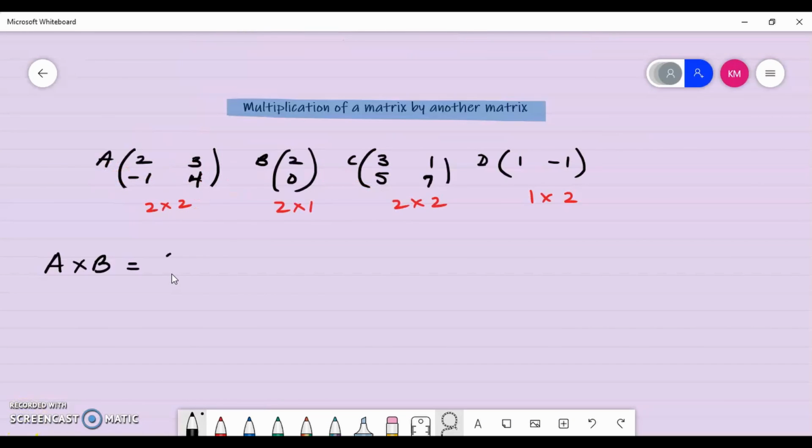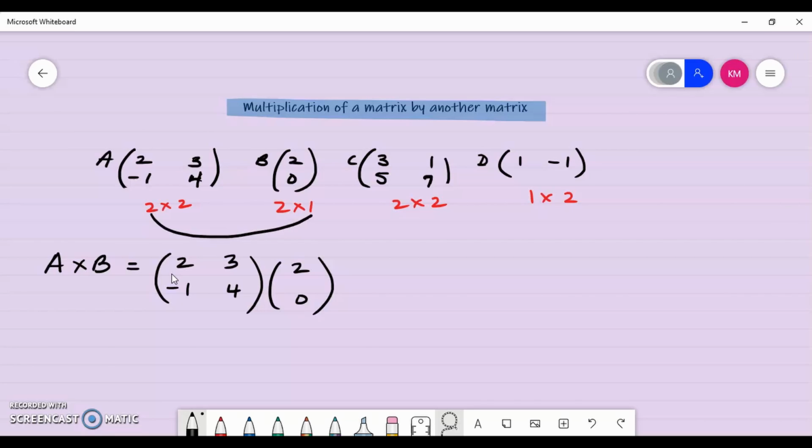So let's first multiply our matrix A by our matrix B. We are seeing that our answer is going to be a 2 by 1 matrix. So it is going to take the same format as the matrix B, because B is a 2 by 1 matrix.